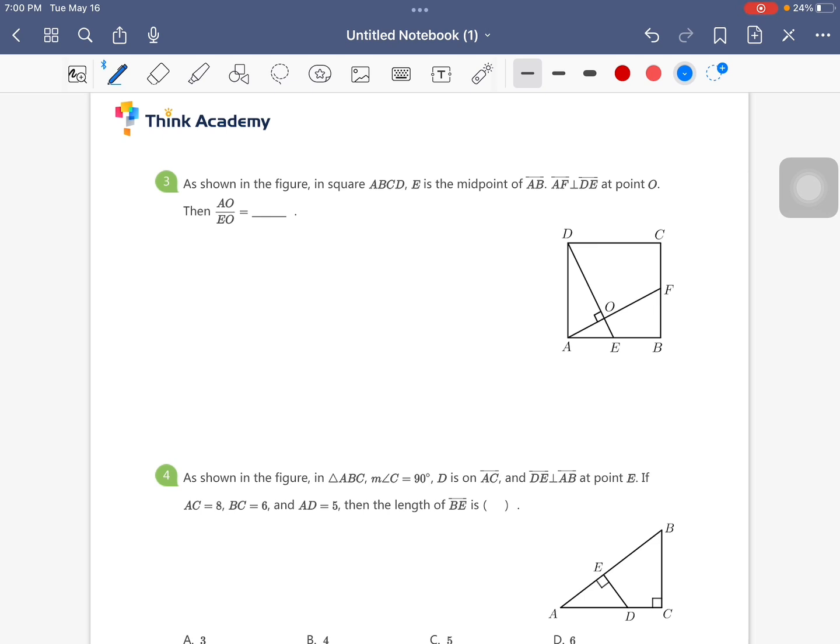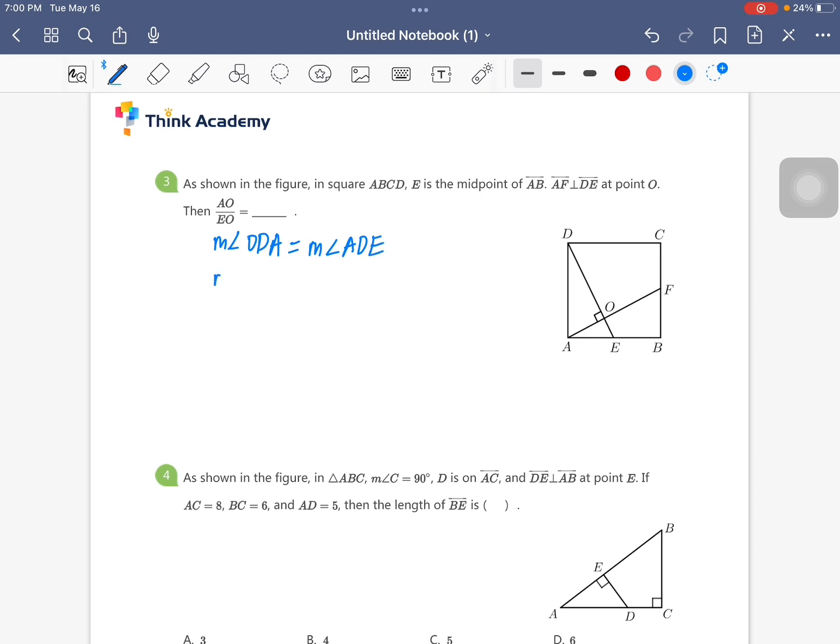We can prove that triangle AOD is similar to triangle EAD, since angle ODA is actually angle ADE, so they are the same angle.